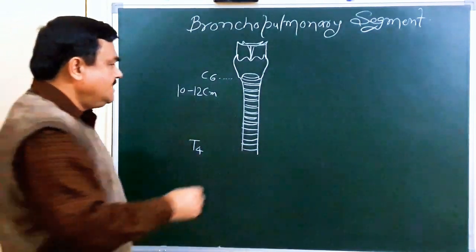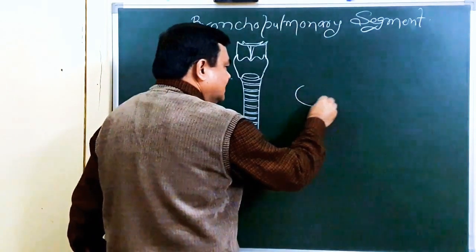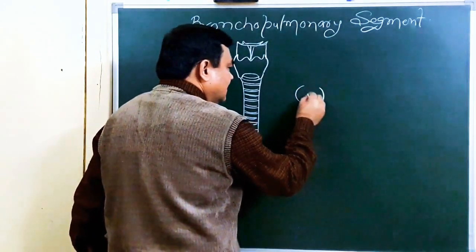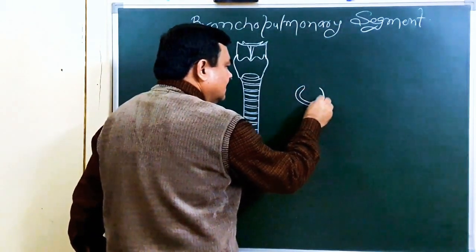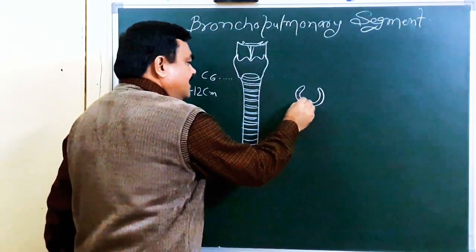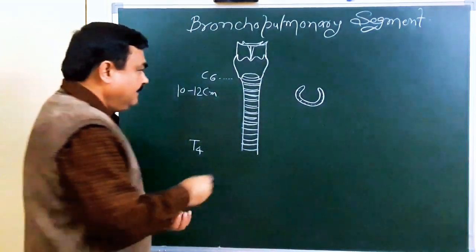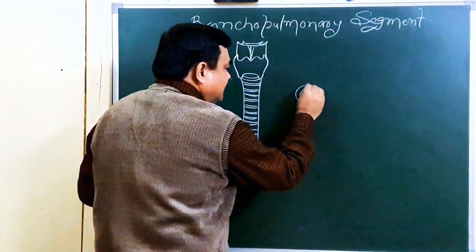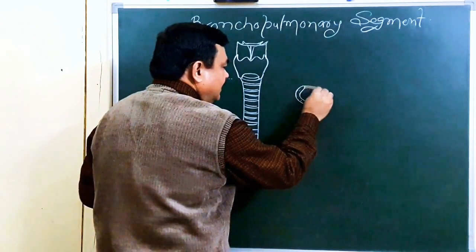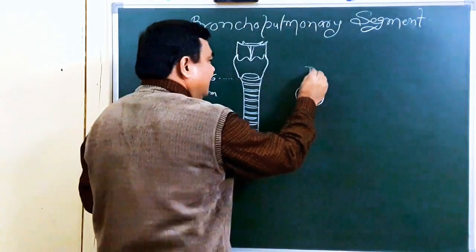Here is a C-shaped cartilaginous ring; the shape is like this. This is made up of hyaline cartilage. And here, the trachealis muscle is present posteriorly. This muscle is trachealis, an involuntary muscle.